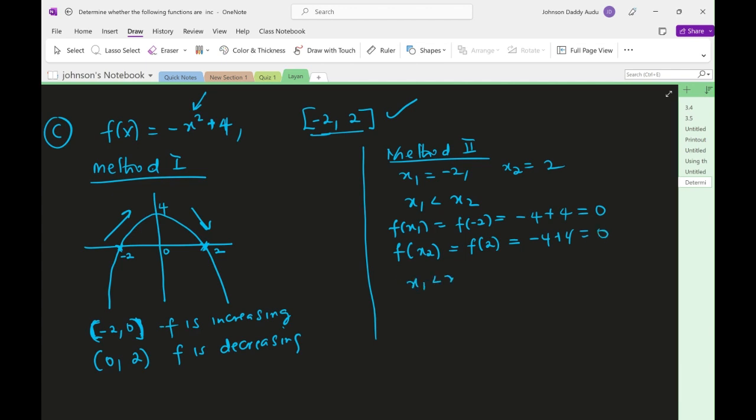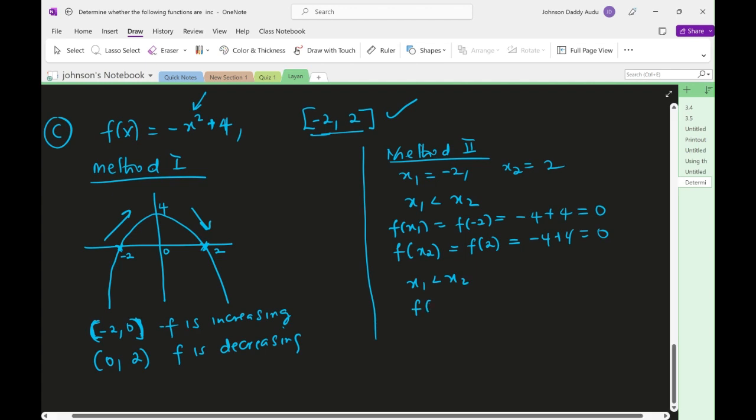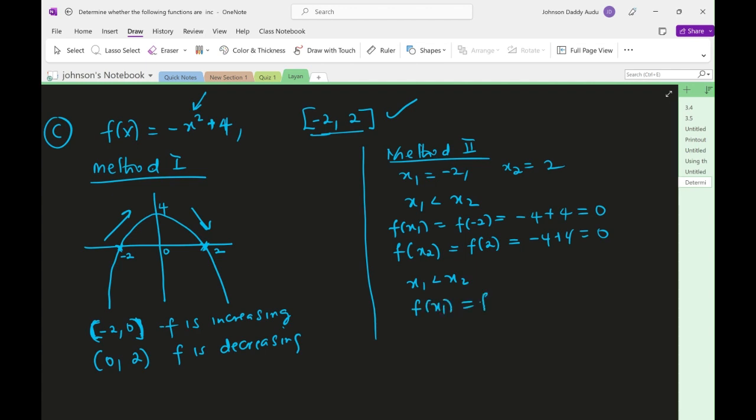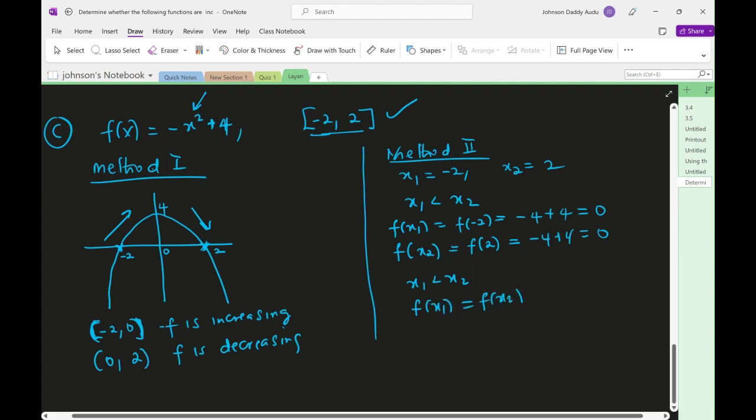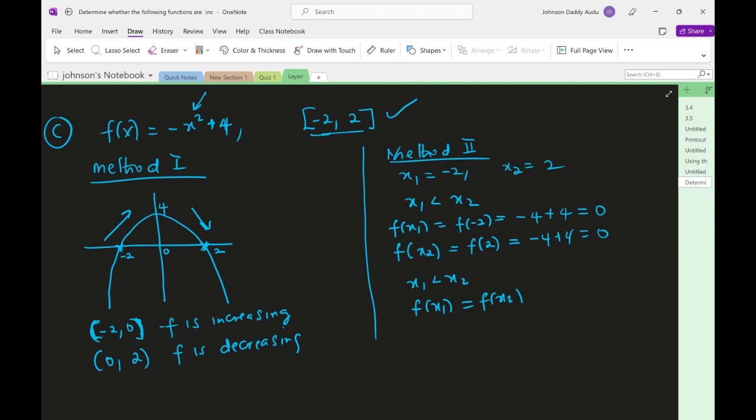So here you can see that x1 is less than x2, but f of x1 is the same thing as f of x2. So we cannot conclude. We're not sure whether it is increasing or decreasing.